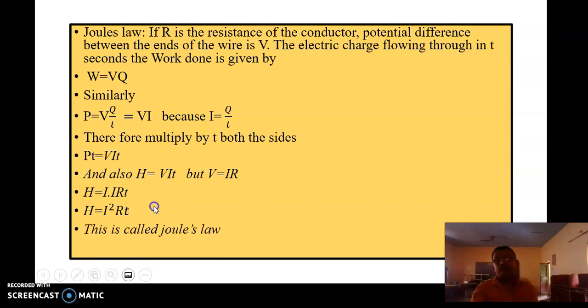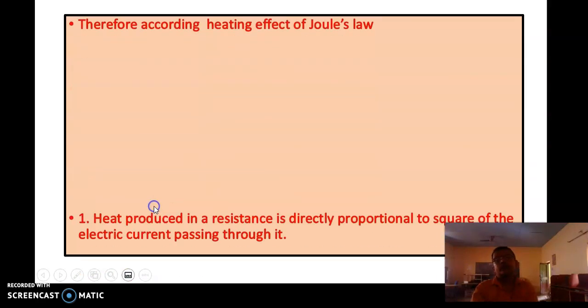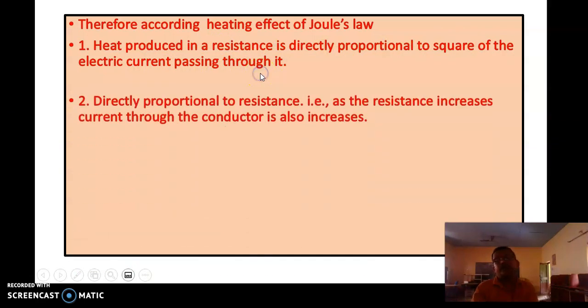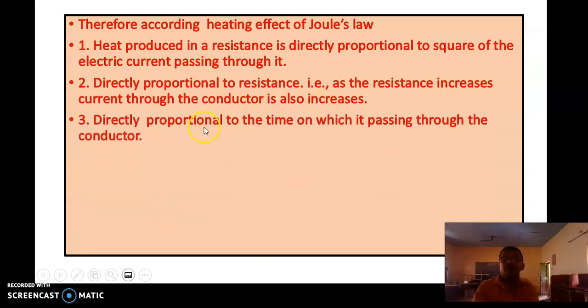Joule's law is defined as: the heat produced in a resistance is directly proportional to the square of the electric current passing through it, directly proportional to the resistance, and directly proportional to the time for which the current passes through the conductor.